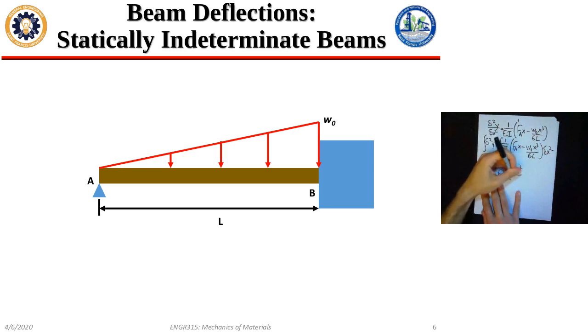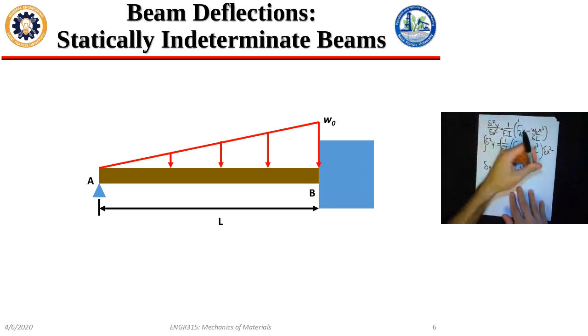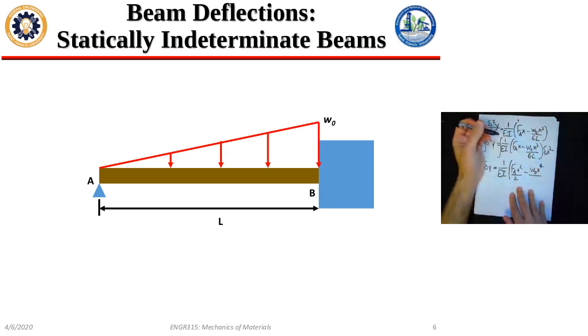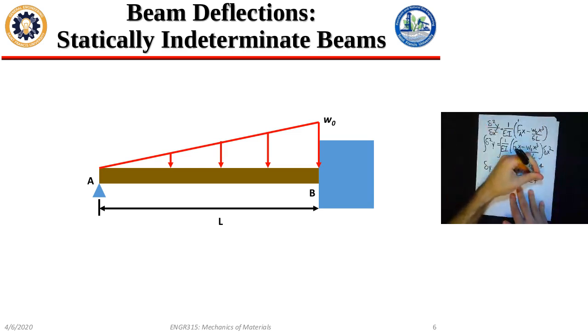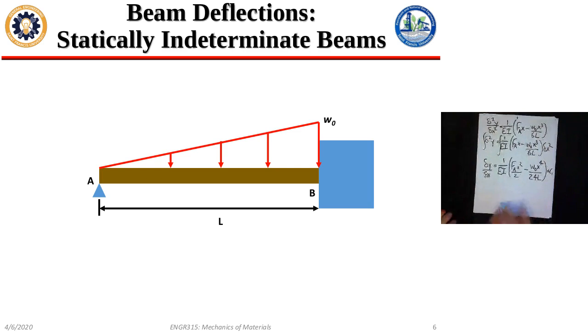F_A x squared over 2 minus w naught x to the 4th over 24L, plus C. Sweet. We solve for C right now.